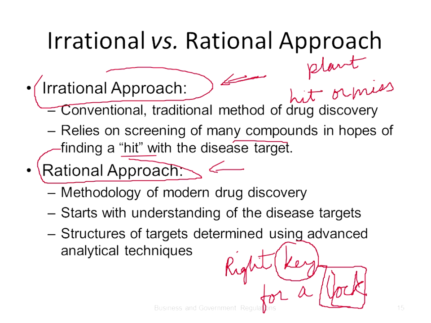That's kind of a hit and miss approach. You just collect a bunch of keys and just keep trying whether it fits the lock. A rational approach would be to try to find the internal structure of the lock, and then design a key that will fit it. Now it will take a little while to figure out the structure of the lock. But once you know the structure, it's probably easier for you to find the right key. So that's the rational approach.